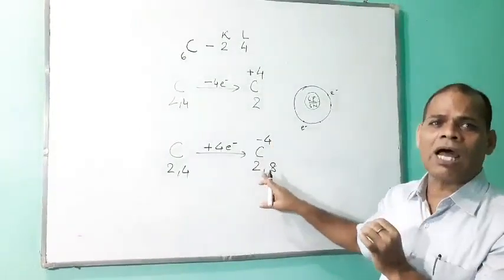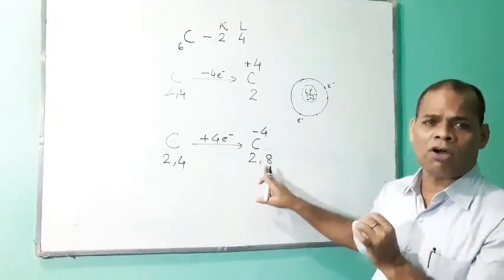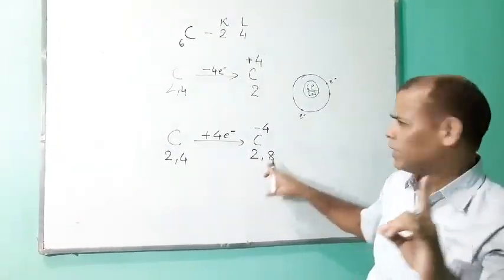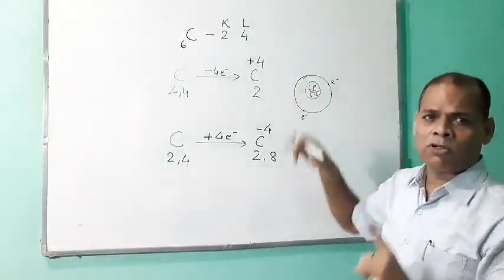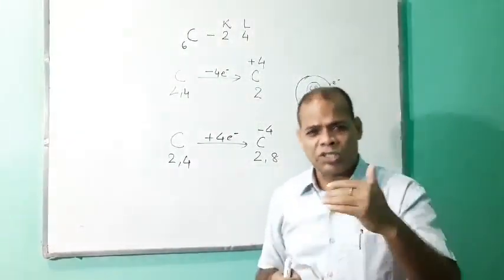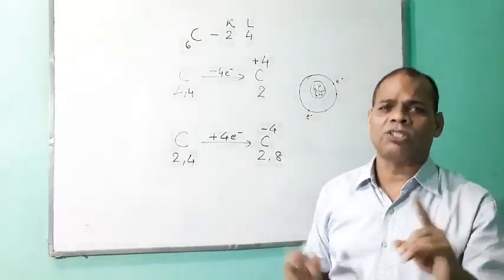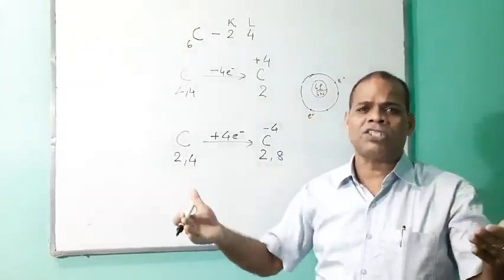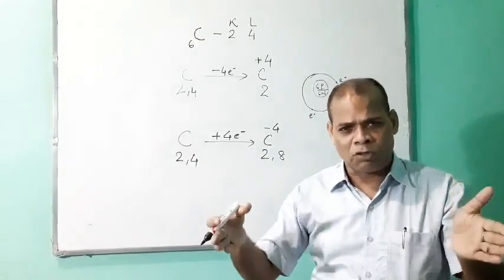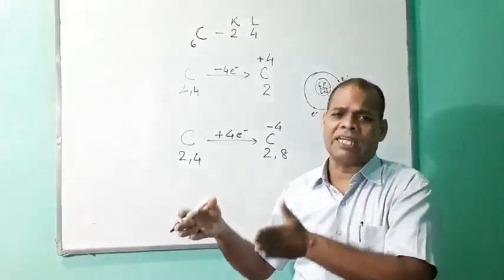As I said, when you add 4 electrons to form C4-, carbon will have a total of 10 electrons, but the number of protons is 6. So 6 protons cannot hold 10 electrons. There will be an imbalance between the protons, nucleus and the electrons.